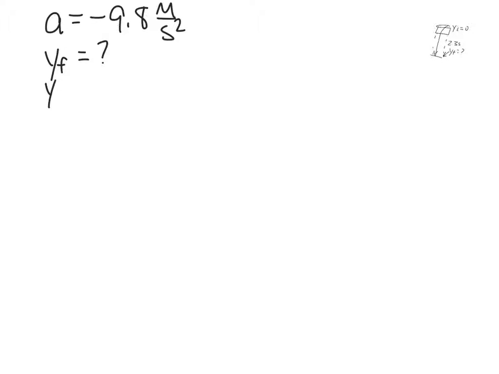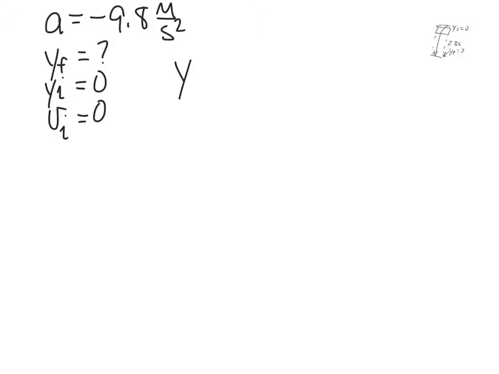Our position initial is equal to 0, and our velocity initial is equal to 0. I don't know what our velocity final is. I don't think it's important that we even write that, because right off the bat I can tell that we're going to use a cliff formula, because when something falls down the well, you can usually use a cliff formula.